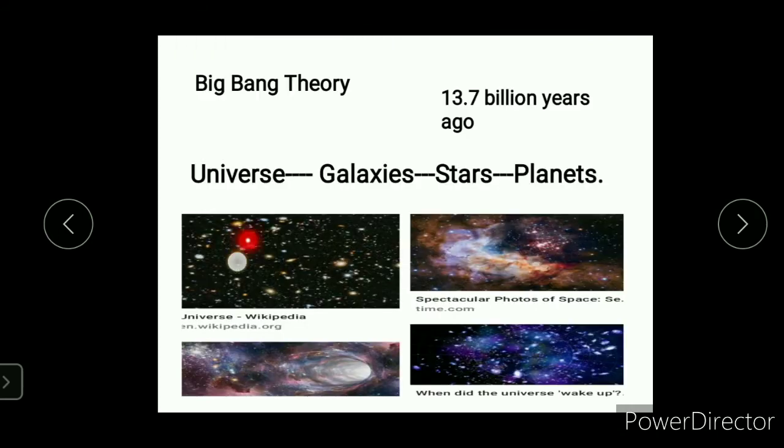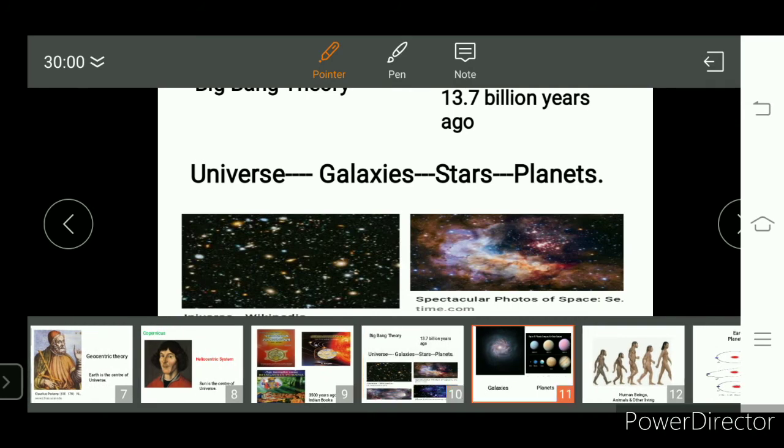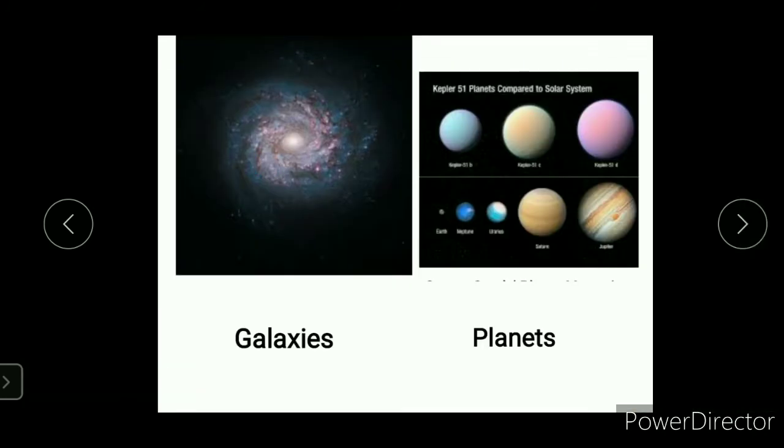Dear students, this is the universe. The pictures shown here for you are the universe. And this is a galaxy. Many galaxies are there here. Somewhere here our galaxy is also there. Do you know what our galaxy is? Yes, it is the Milky Way.